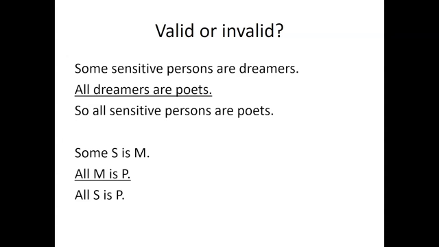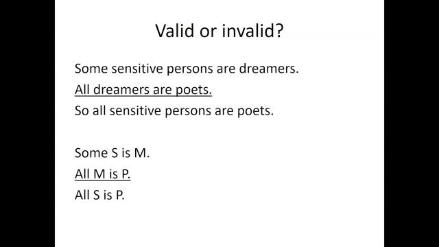So sensitive persons is distributed here. But if we go back and look in the premises, we find sensitive persons only appears in the first premise. And that first premise of the form some S is M, some sensitive persons are dreamers, is not telling us anything about all the sensitive persons, just some of them. And so in that premise, sensitive persons is not distributed.